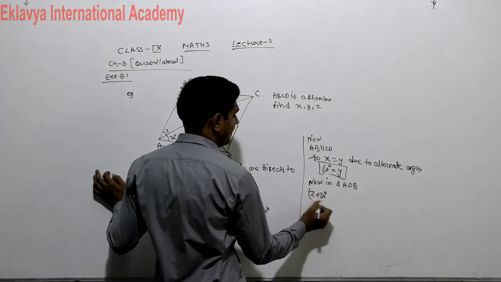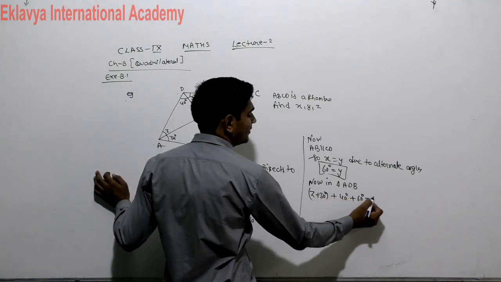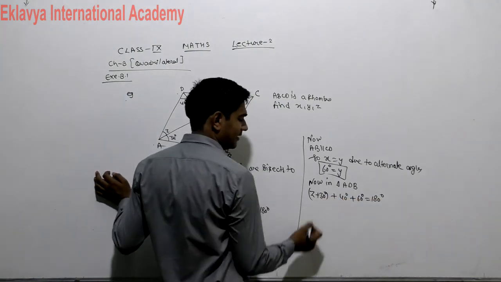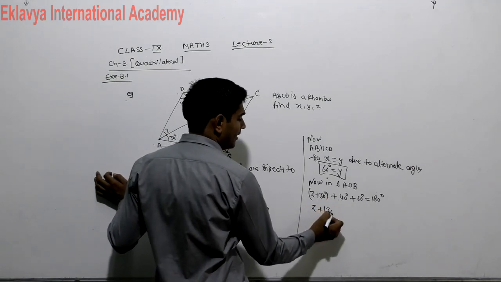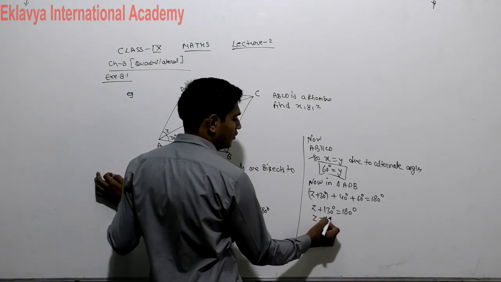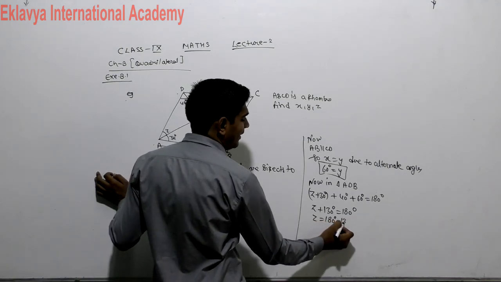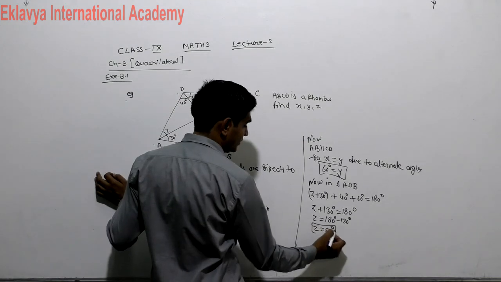Z plus 30 plus 40 plus 60 is equals to 180 degree. So Z plus 130 is equals to 180. So what is the value of Z? 180 minus 130, Z value will come 50.